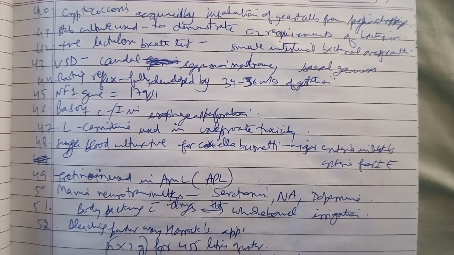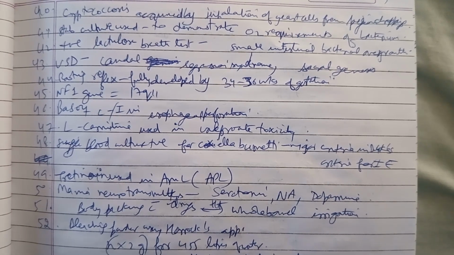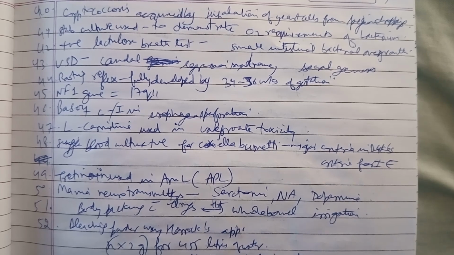Then major criteria in Duke's criteria for infective endocarditis: first is the new onset murmur and or mitral regurgitation, you can say. Then next is the single positive blood culture for Coxiella burnetii. This is a very specific organism, Coxiella burnetii.